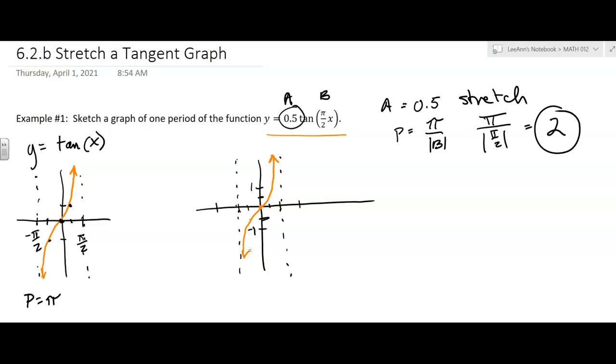Now if you wanted to go another period, you could think about that. Here we were at 1, I'll write that in, and so a period is 2, right? So I'd have to go out here to 3, and I would have another asymptote, because that would end the period, right?